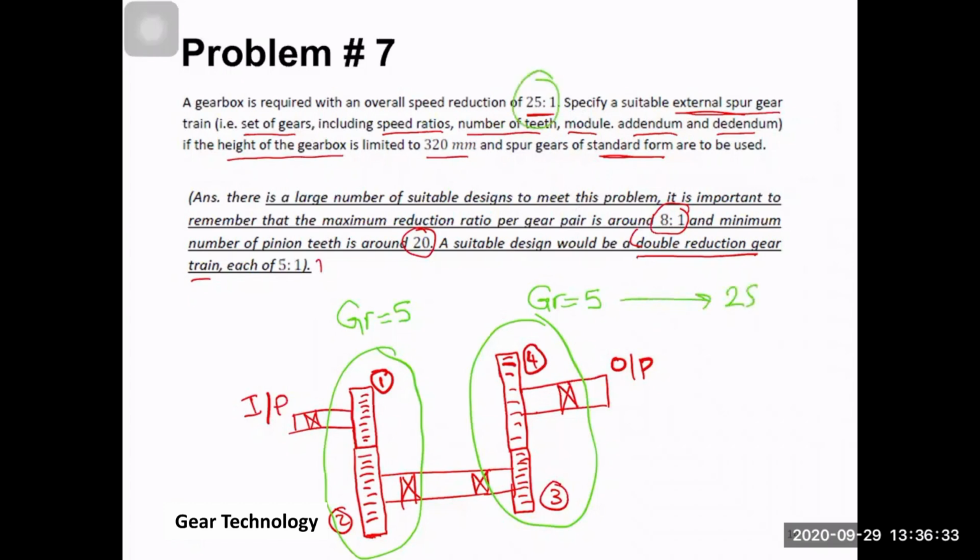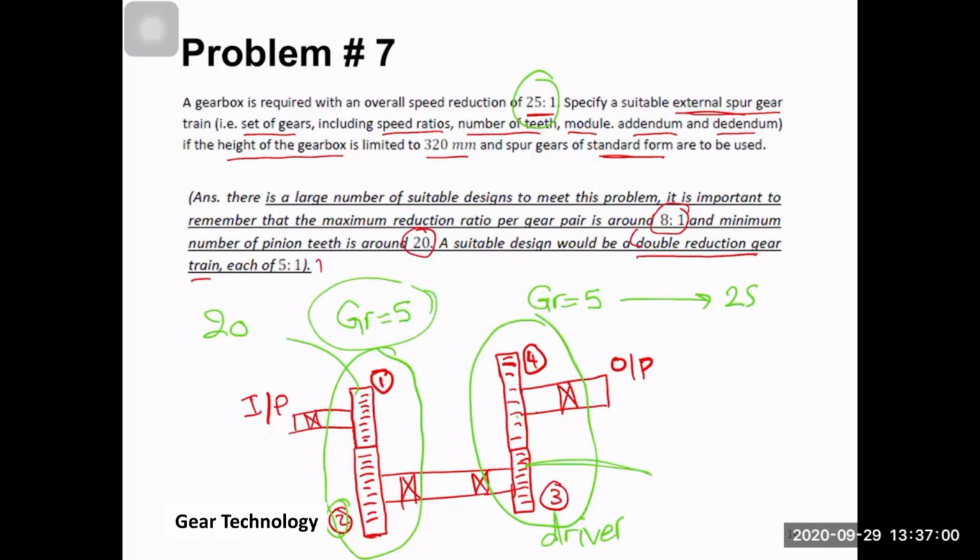This is the explanation of the latest statement here. In this case, this is the pinion, so the minimum number of teeth could be 20 here, and then based on the gear ratio, you can find the number of teeth on gear number 2. Then again, this is a driver. This is the intermediate shaft, and this gear here drives this one. So number 3 is the driver.